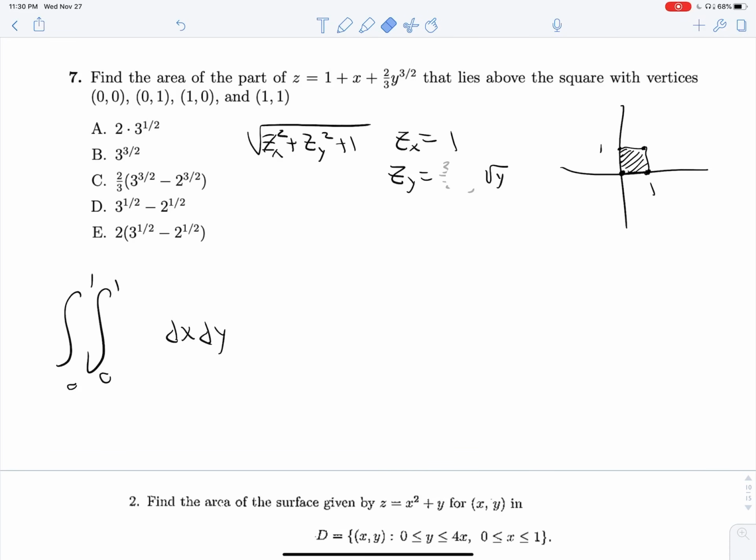That's just going to be 1 root y. And so this thing up here is going to become 1 squared plus root y squared plus 1, or just y plus 2. And so we can stick this in here. Y plus 2, that's a terrible 2. That looks like a C. Y plus 2 dx dy.